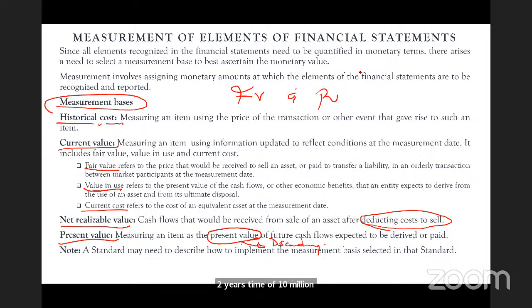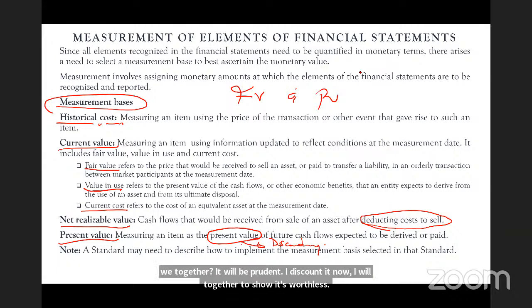Now, if I'm to report to someone that I'm expecting some money 2 years from now, right now I cannot tell them that I'm expecting 10 million or that I have a receivable of 10. Are we together? It would be prudent to discount it now, to show its worthiness at this date.